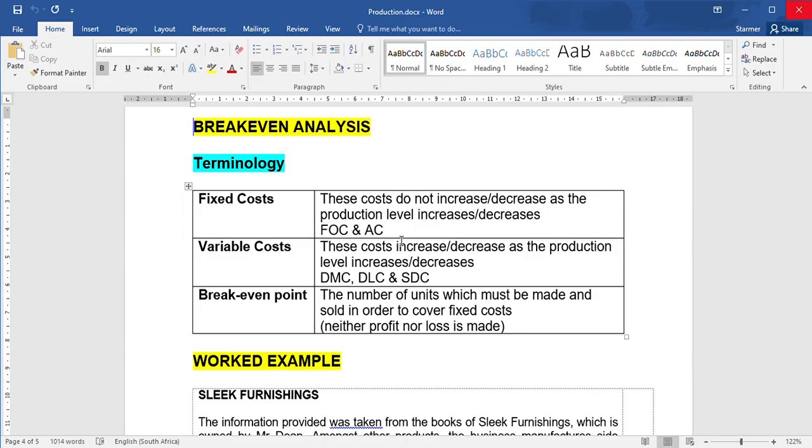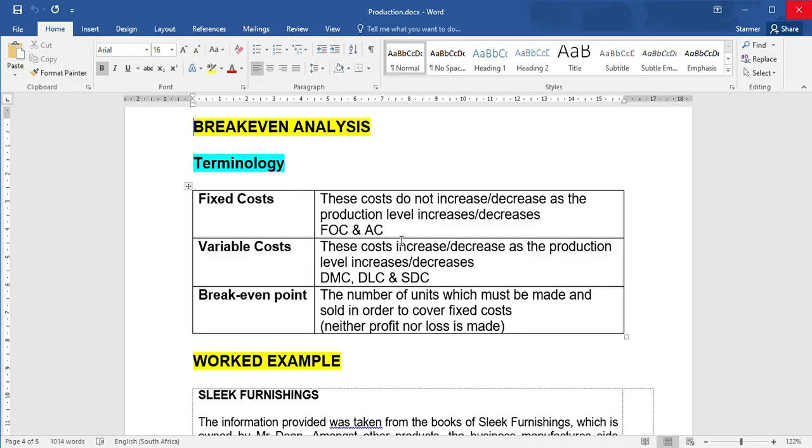If you think about it, if you are paying rent for a building, you pay the same rent irrespective of how many units you make in that building. You pay the same insurance for the entire building, and so on. Now, I am aware of the fact that some of your fixed costs are not totally fixed.